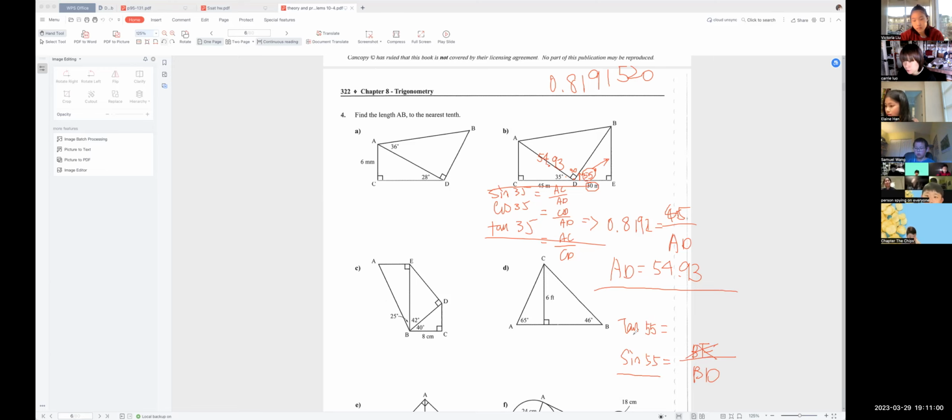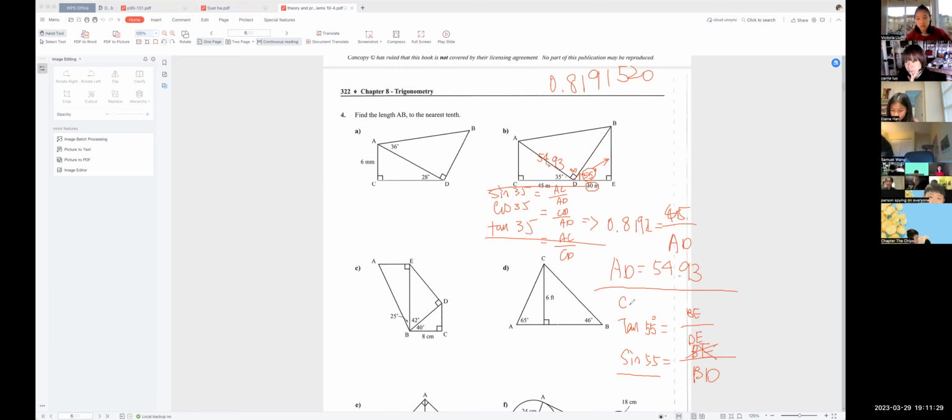So let's see, you suggest tangent 55. So tangent 55 equals what? Opposite over adjacent. So it's BE over DE. Using this one, we can find BE, but do we need BE? No. We want BD. So can you tell me, in order to find BD, which trigonometry we're going to use?